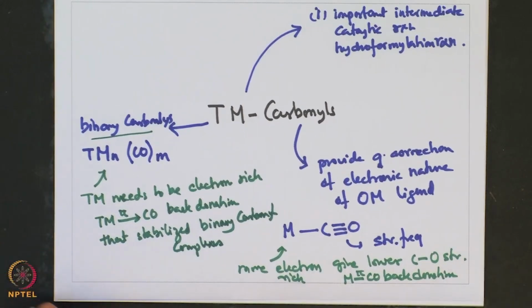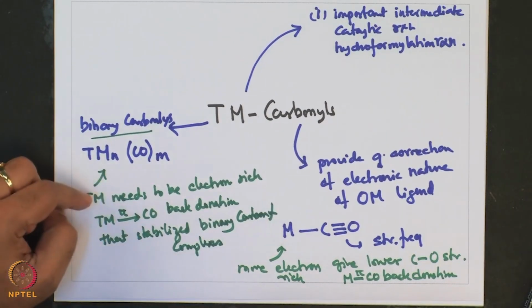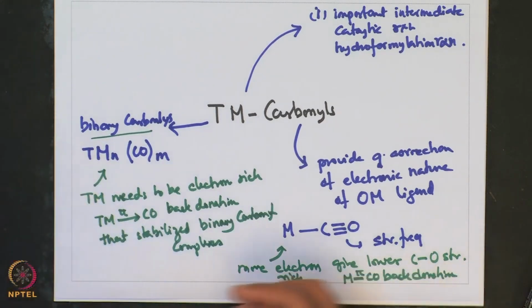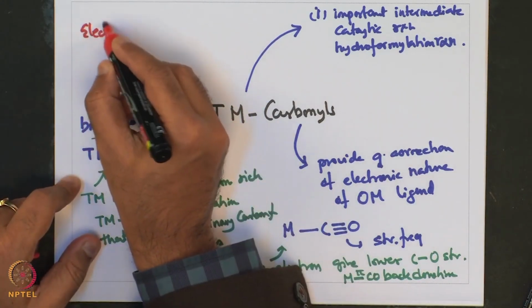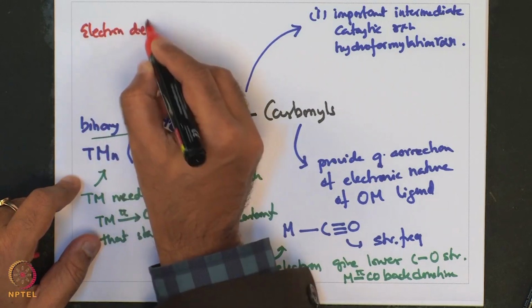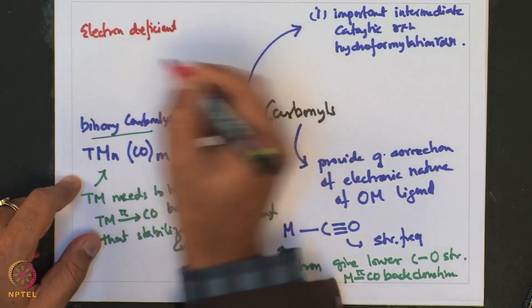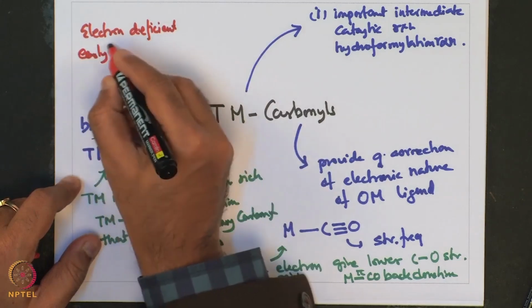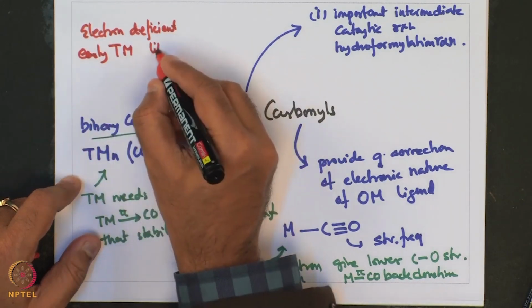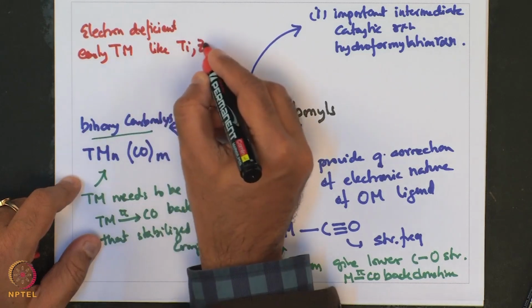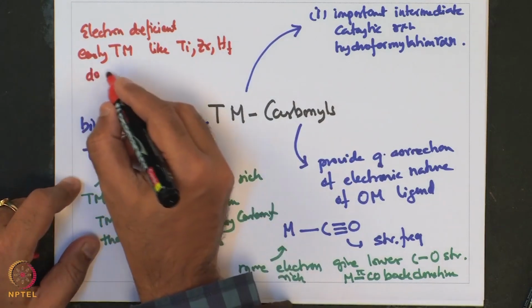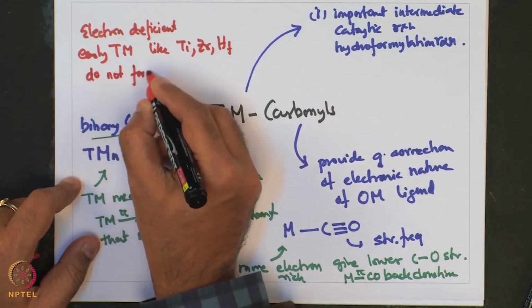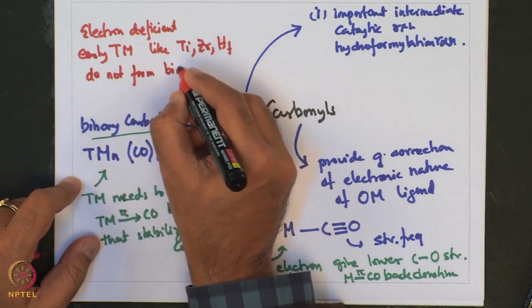This is an important hypothesis, and metals which are electron deficient, for example early transition metals like titanium, zirconium and hafnium, do not form binary carbonyl complexes.